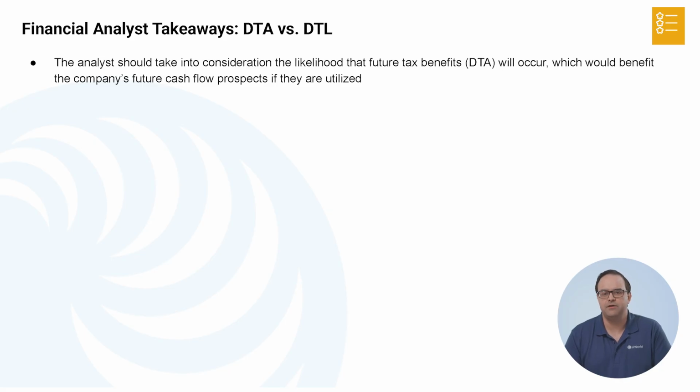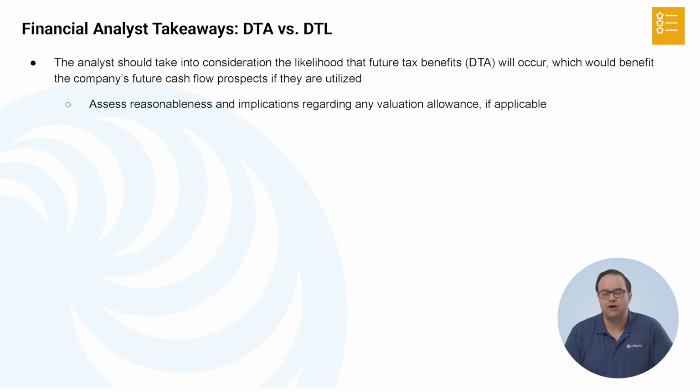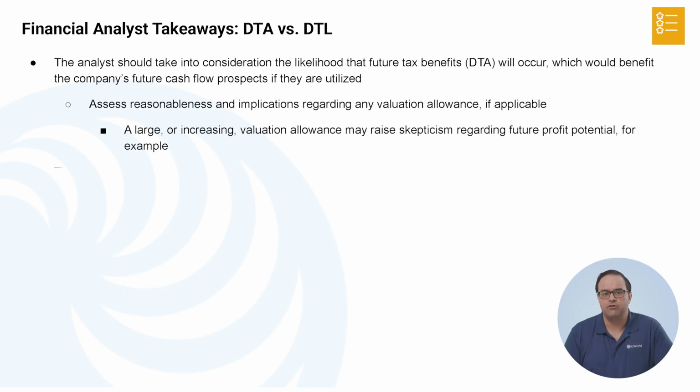So one thing to keep in mind for deferred tax assets is the likelihood that these future tax benefits are going to be realized. One way to do that is to look at the footnotes for any valuation allowances and how they're calculated. As an example, if there's a particularly large and growing valuation allowance tied to a deferred tax asset, that could suggest there are reasons specific to that deferred tax asset why it would not be fully utilized.